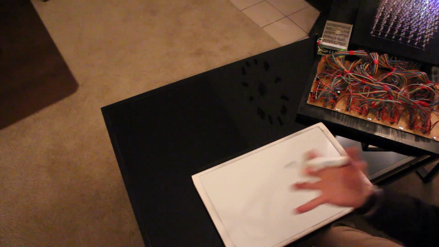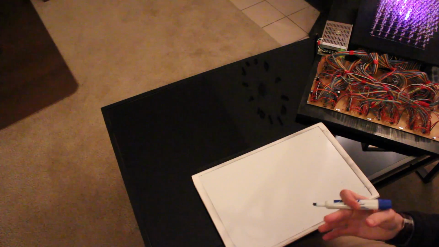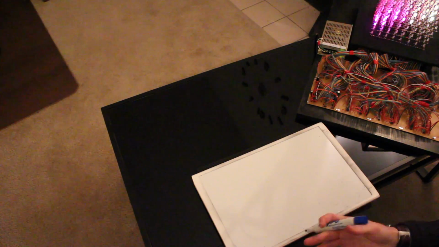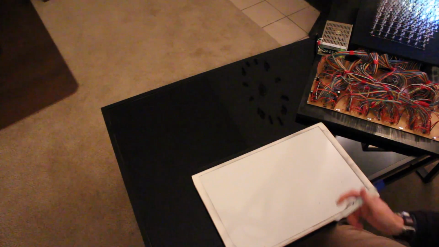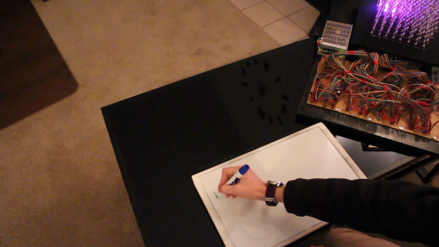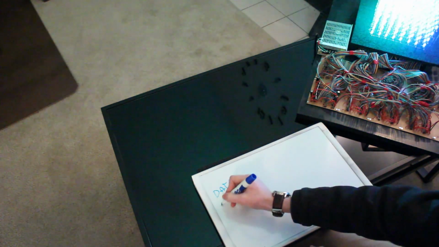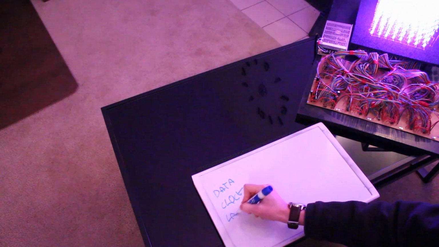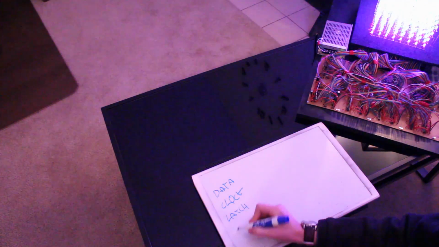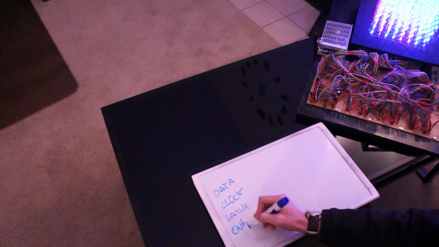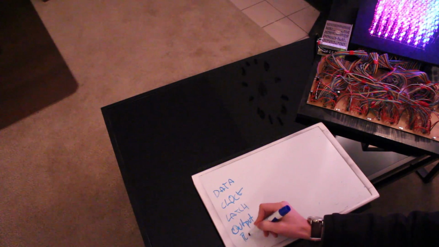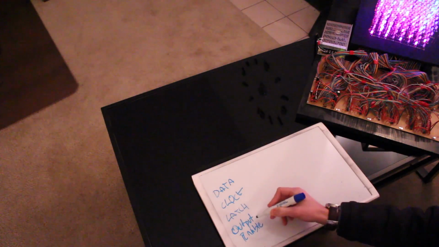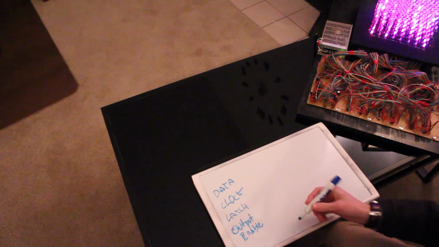But anyway, we're using 4 pins of the Arduino: we have data, we have a clock, we have a latch, and we have output enable. And I think when you make it go low, it turns them on, so it's kind of backwards.